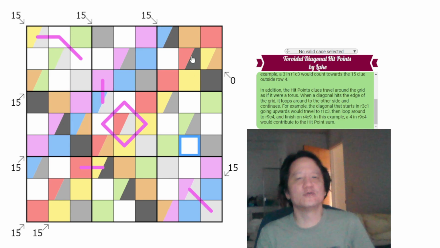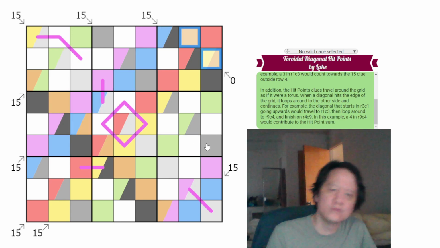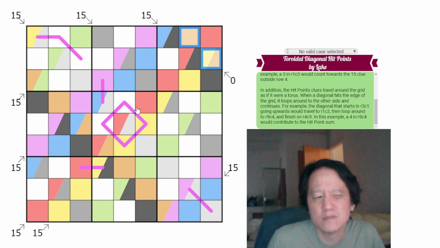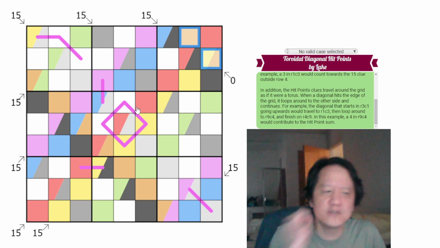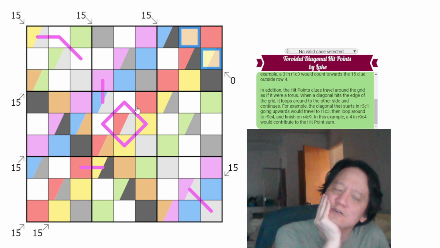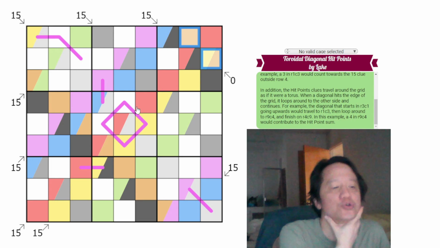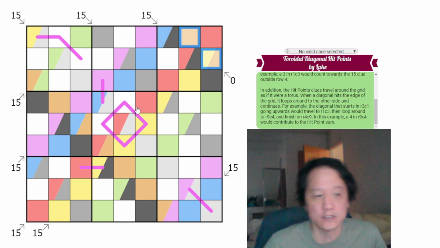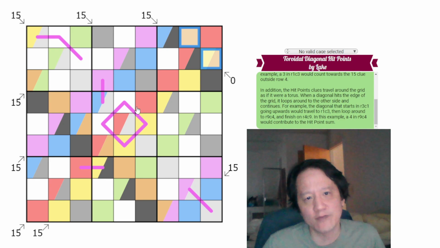So perhaps the most interesting is the 0. That gives us a decent amount of information. 15, the problem with 15 is it could be up to 5, or it could be down to 2. It can never be 1, right? Because each one would have to contribute its value. So it could be 2, 3, 4, or 5, right?